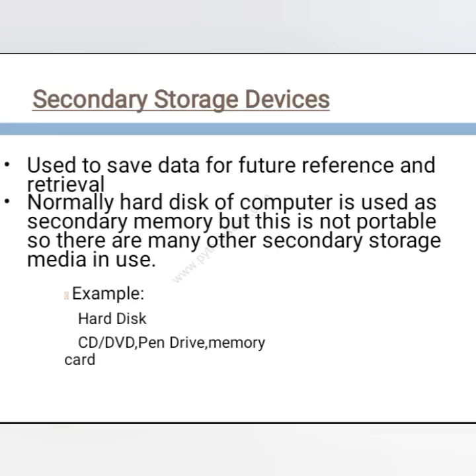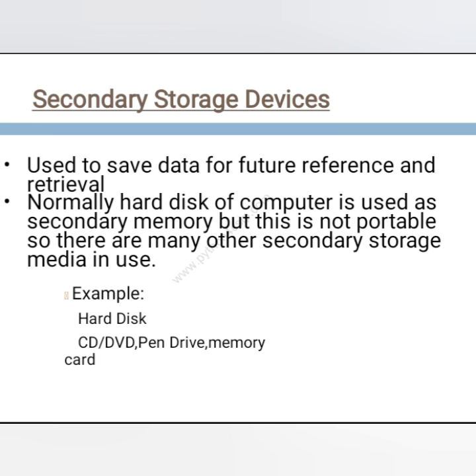Secondary storage devices. What is the relevance of secondary storage devices? As you have learned, the primary storage devices are RAM and ROM. Random access memory is volatile. We cannot store anything permanently into it. And read-only memory stores some important system configurations.